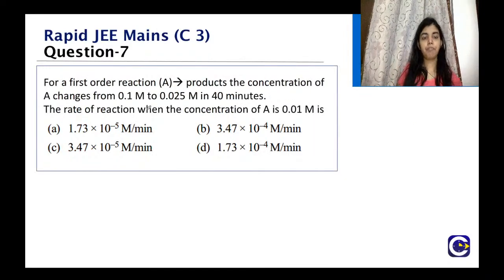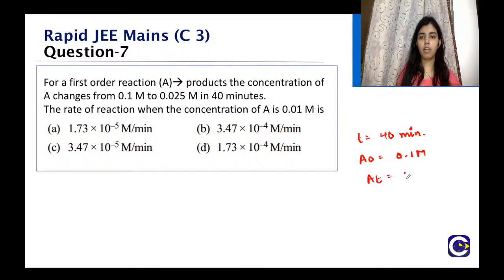Question number 7. For a first order reaction, A is giving products. The concentration of A changes from 0.1 molar to 0.025 molar in 40 minutes. That means time equals 40 minutes, A naught was 0.1 molar and AT was 0.025 molar. Now it is asking the rate of the reaction when the concentration of A is 0.01 molar.